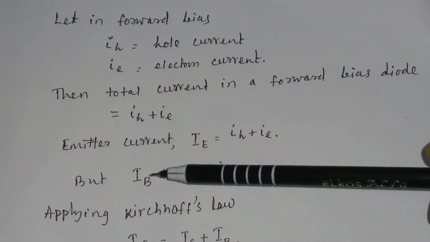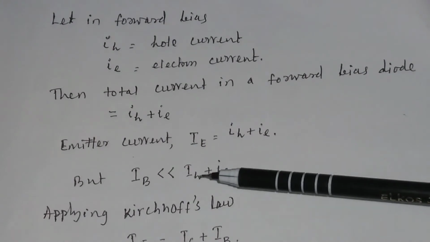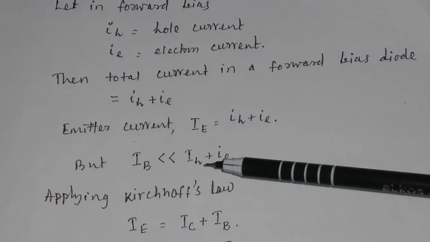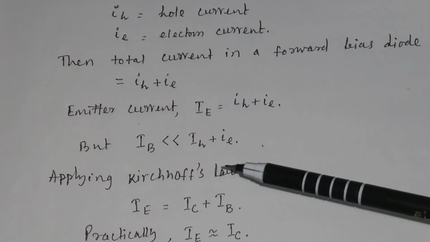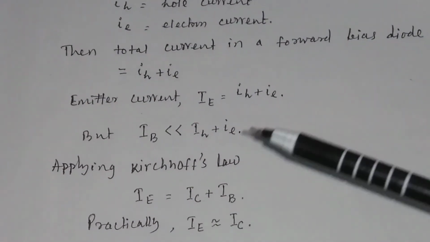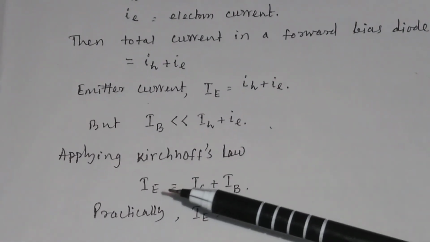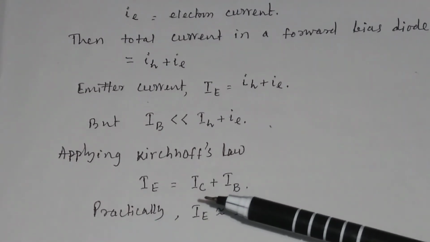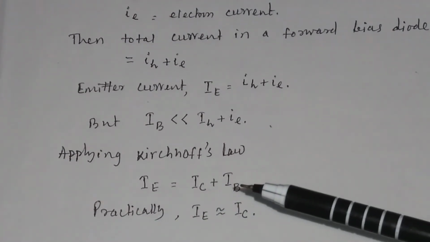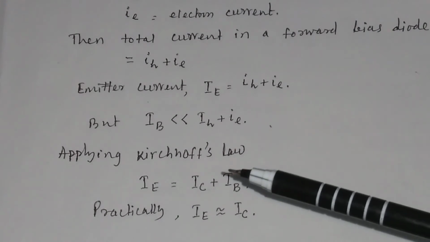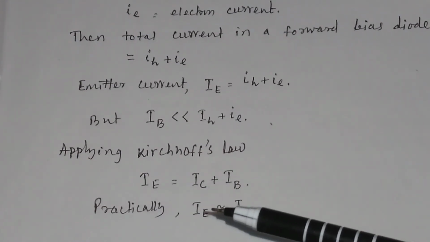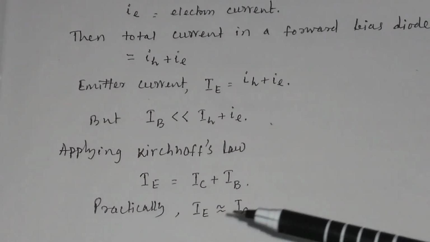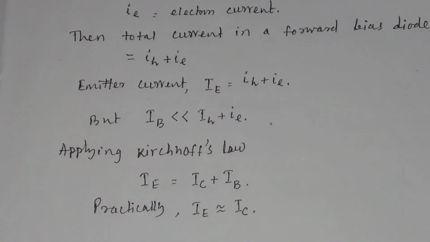But the base current IB is very much less than the sum of the hole current plus the electron current. And applying Kirchhoff's law, we get the total emitter current is equal to the collector current plus the base current. But practically the base current is very small, so you may take IE, the emitter current, as equal to the collector current.